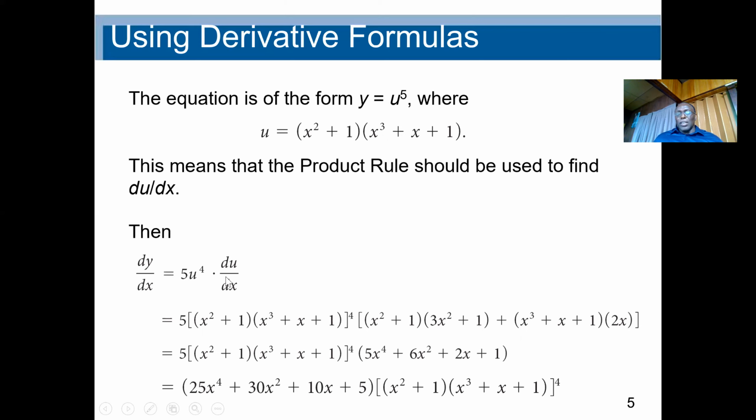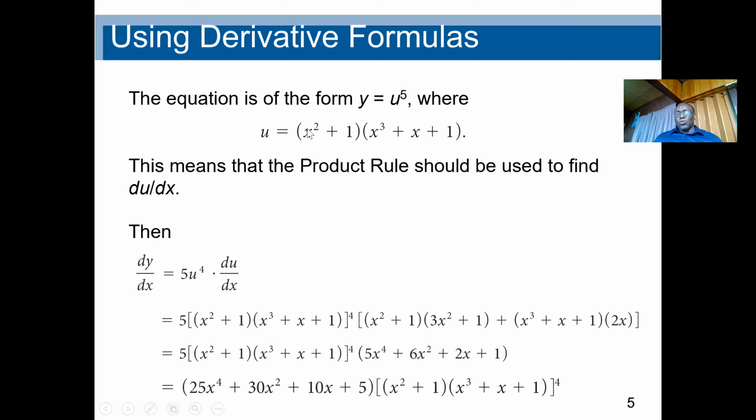So it's du/dx. Now we write down the 5. Remember, u is the same as x squared plus 1 times x cubed plus x plus 1. So we substitute u with x squared plus 1 times x cubed plus x plus 1, raised to the power 4. Now we have to find the derivative of u, which is du/dx. So this is a product rule.